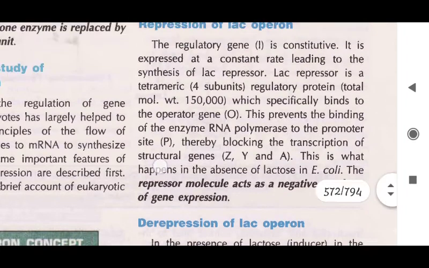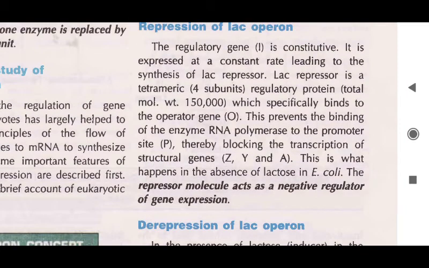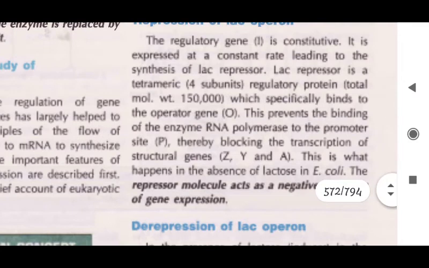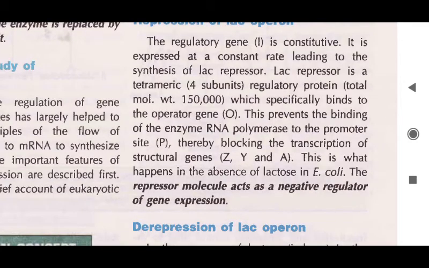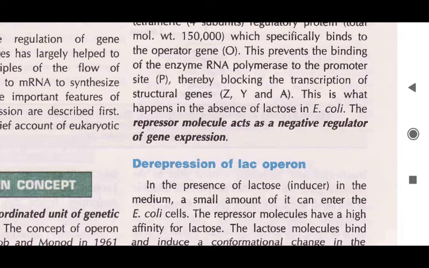When lactose is not present, this regulatory gene constantly synthesizes this regulatory protein known as lac repressor, and this lac repressor binds to the operator and prevents RNA polymerase from binding to the promoter region, thereby blocking the transcription of these structural genes. So you can say that the lac repressor molecule acts as a negative regulator of gene expression.